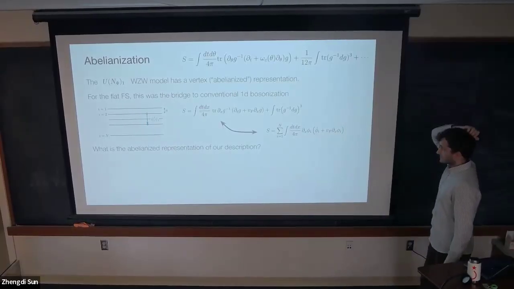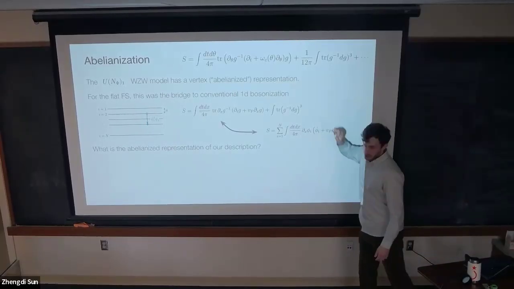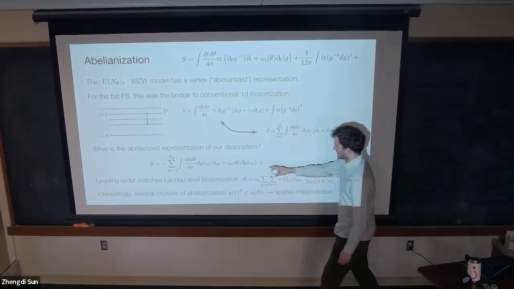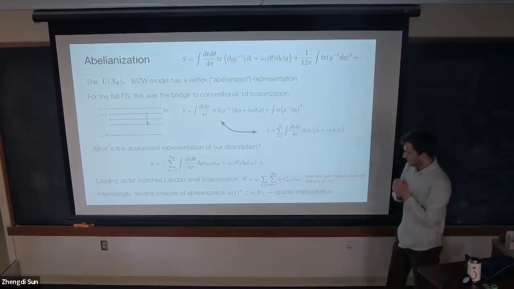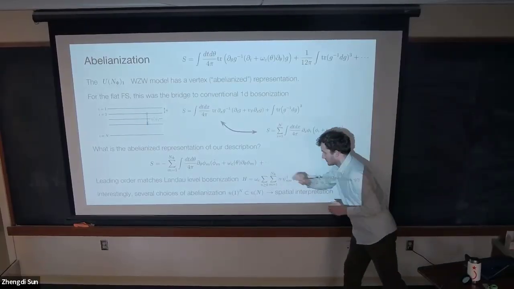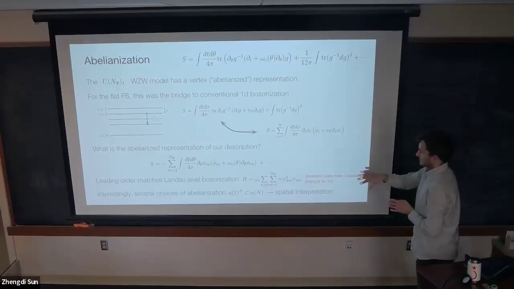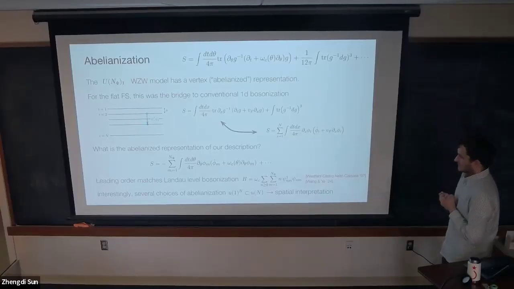So you might ask, is there an abelian description of this model? And indeed there is, where the phi's have roughly one less label than you would think. And it's to linear order just going to look like a bunch of chiral bosons along the Fermi surface with irrelevant corrections. Yeah, there's some advantages to this description.